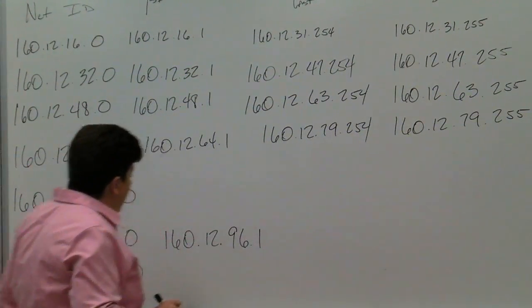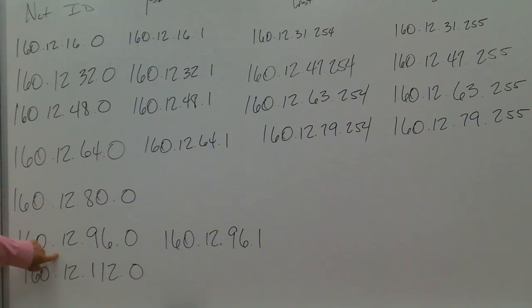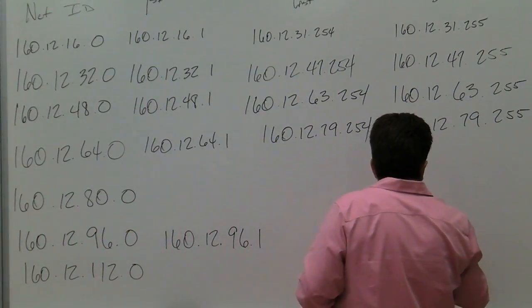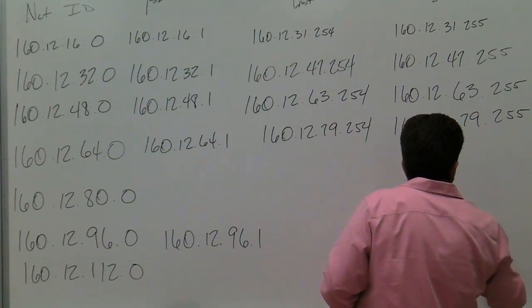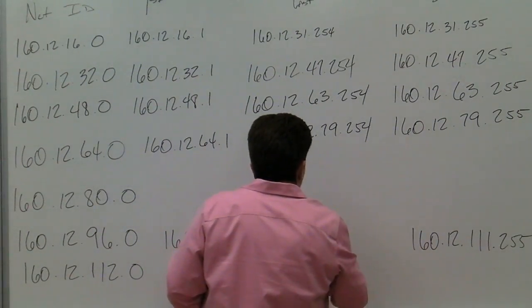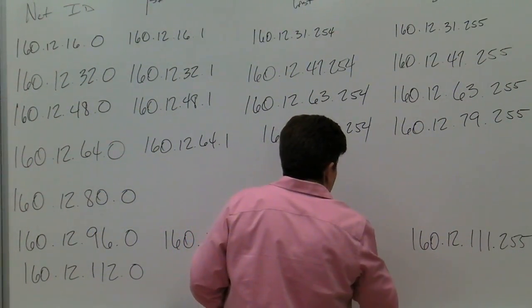What would be the broadcast of the 96 network? 160.12, nope, 111, go to the next one, and then take one off. So yeah, 160.12.111.255. The last thing you're allowed to give away.